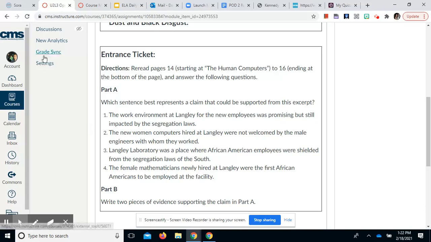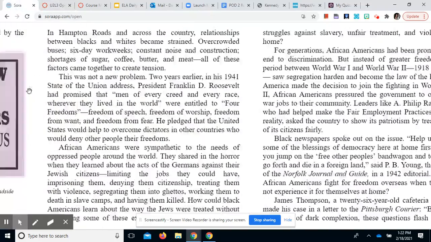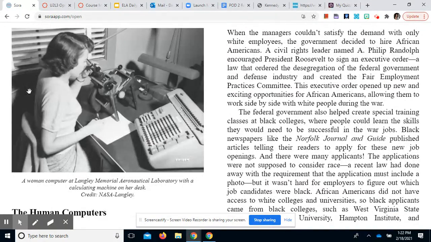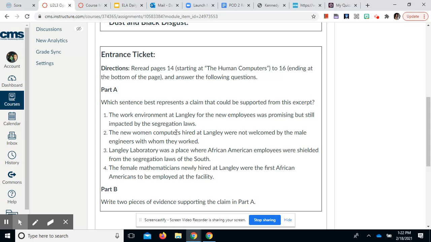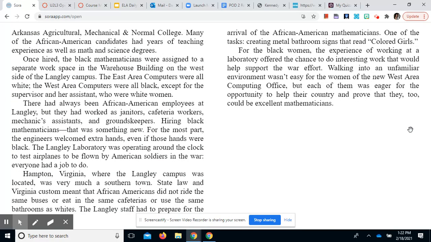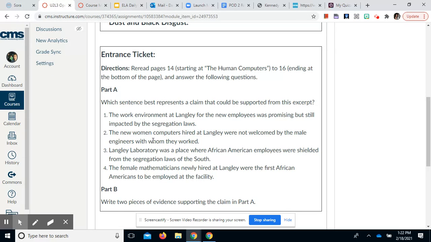So we could, after reading that excerpt, pretty quickly rule out a couple of those options. One, that the new women were not welcomed by male engineers. When you read the excerpt, it says nothing about male engineers and the new female workers having any issues, so it is not number 2.